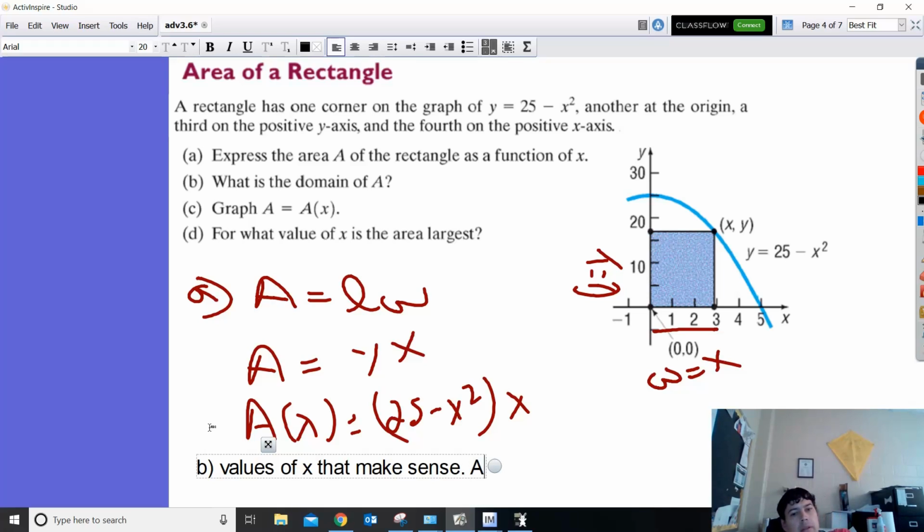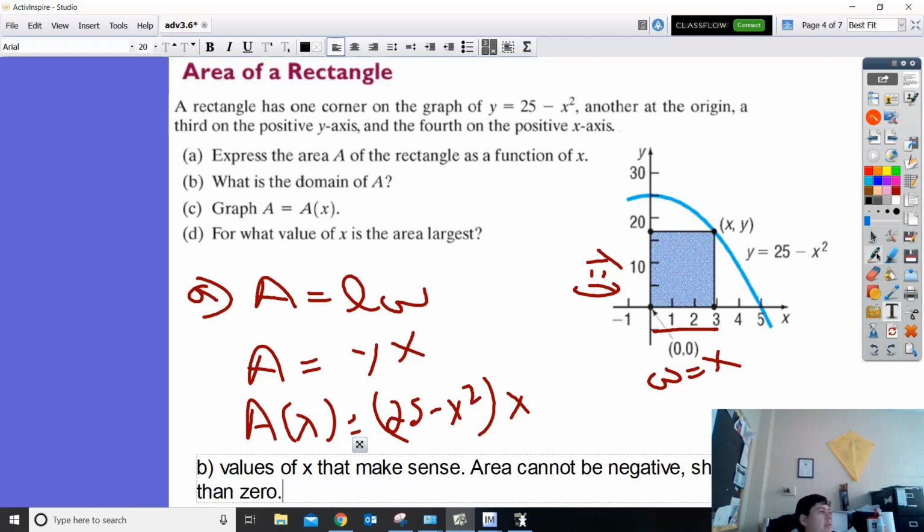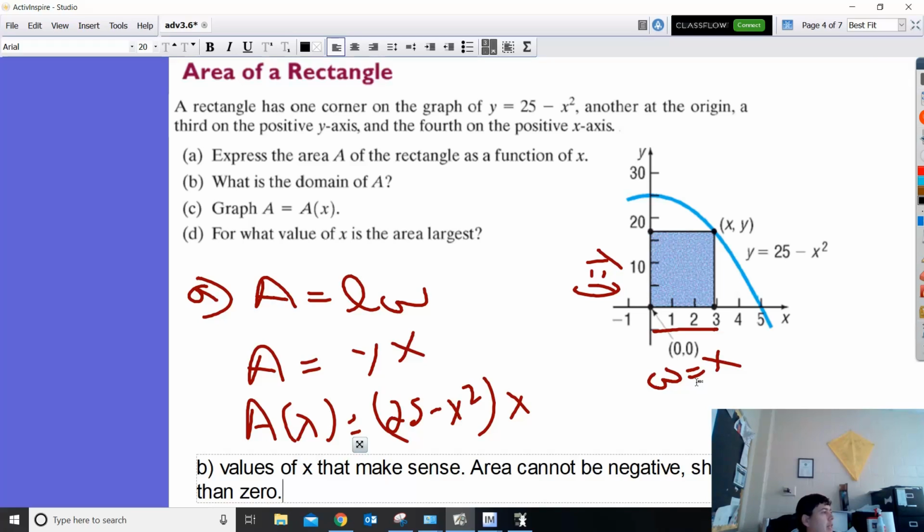No. Area cannot be negative, which means it should not be less than 0. That's kind of how you figure out the domain of this function. To find the domain of this function, all you do is you set it equal to 0. Because that's where your problems are going to arise if you were to come less than 0. That's all we have to do.